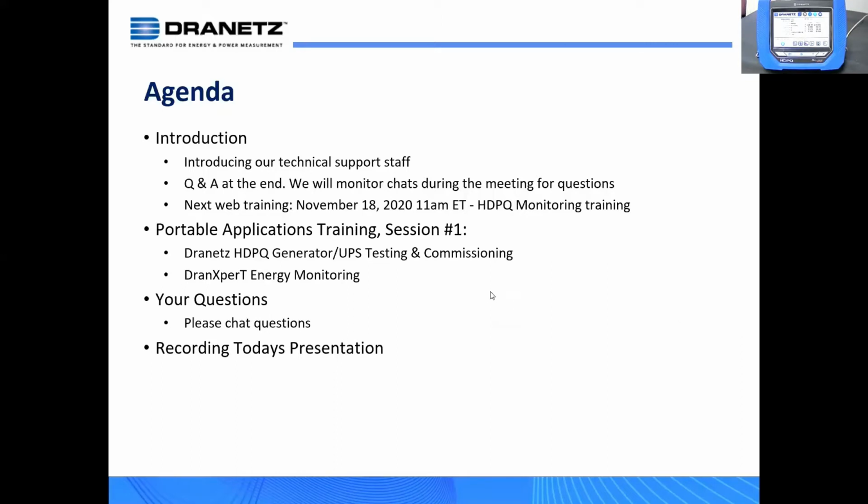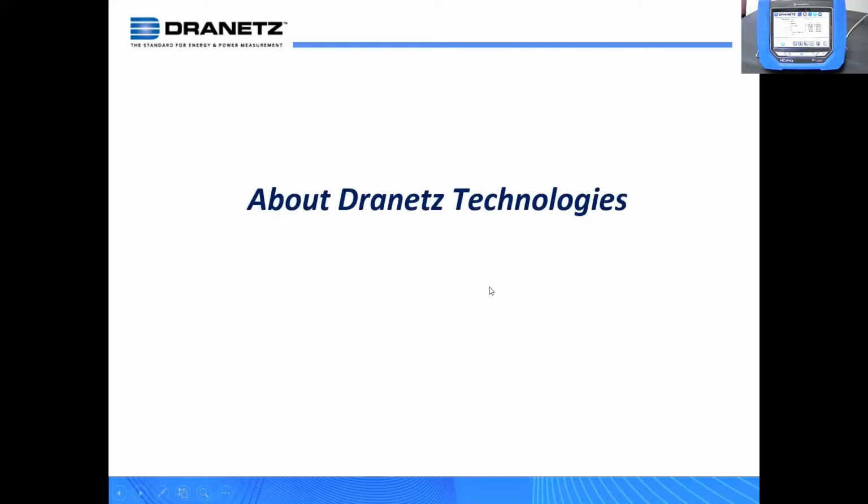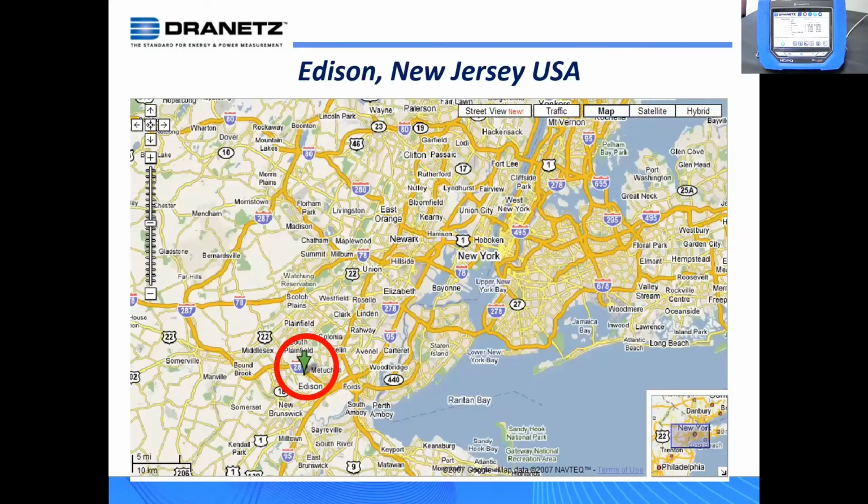Now, we'll review a little bit about Dranetz for those of you who have not participated before. We are located in Edison, New Jersey, and we are in our classroom in our facility right now. Edison is not very far from Manhattan. I'm circling where Manhattan is in, let's say, less COVID times when we were allowed to have visitors.